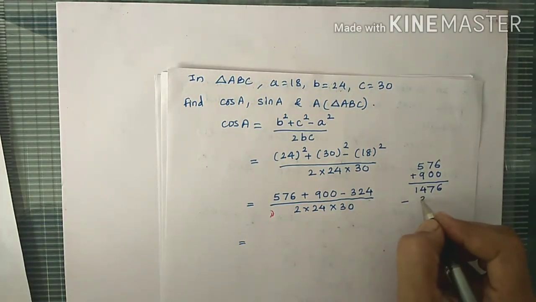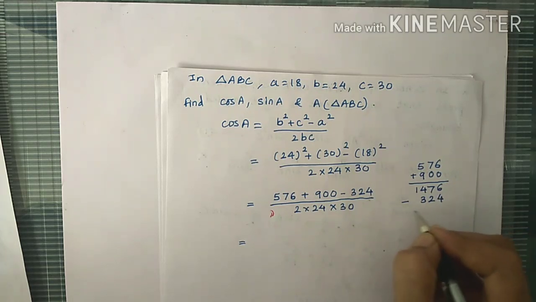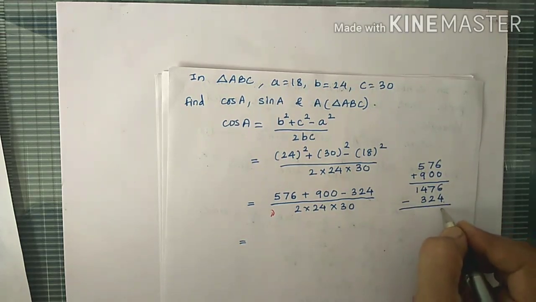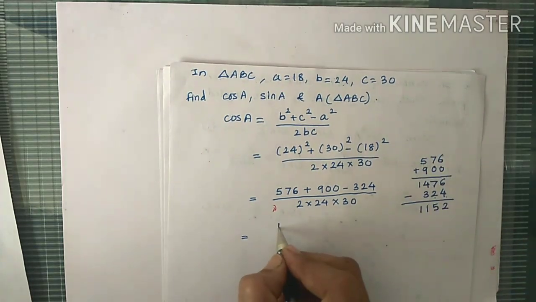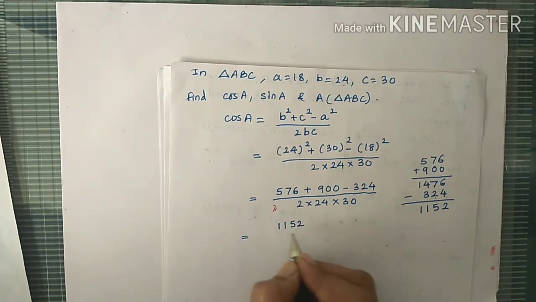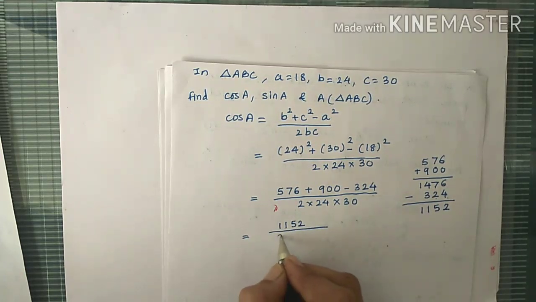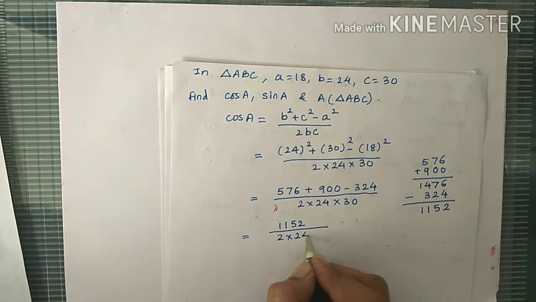Now subtracting 324, we get 1152 divided by 2 into 24 into 30.